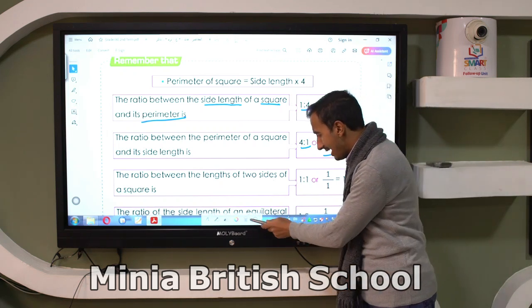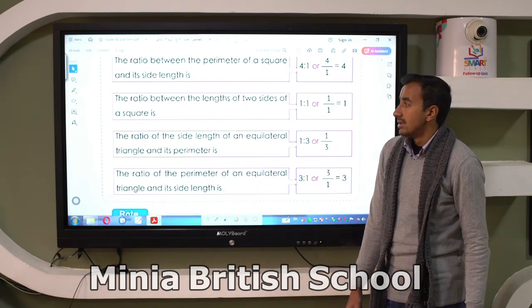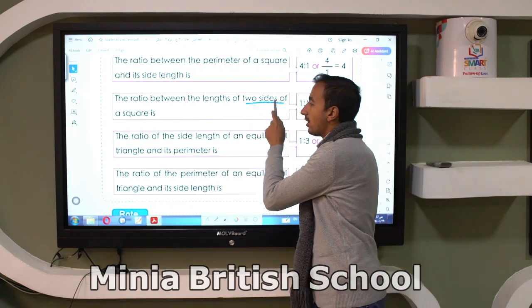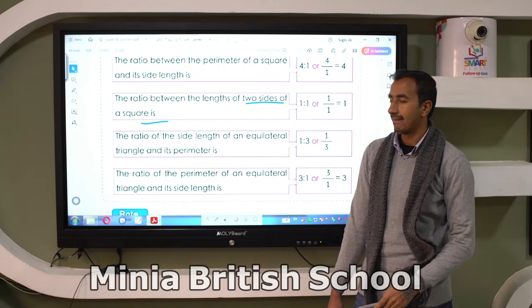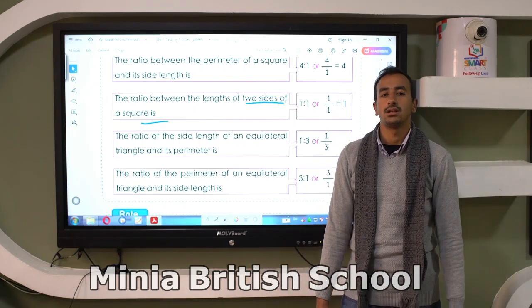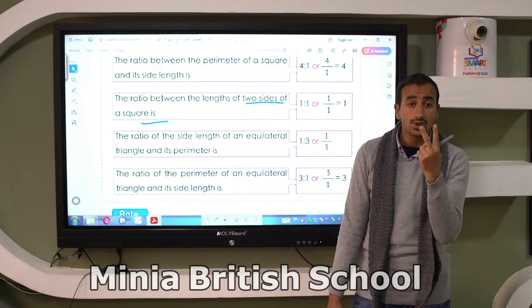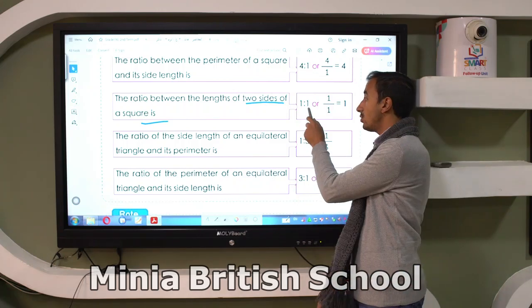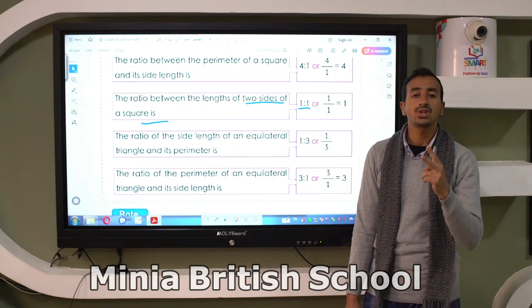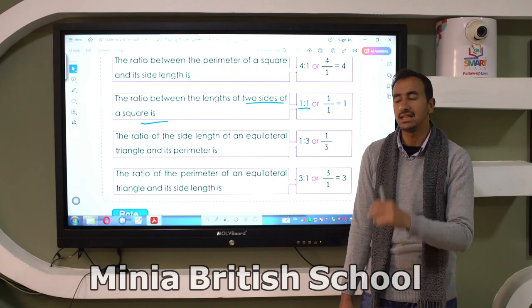And the ratio between the side lengths of two sides of a square: these two sides are equal in length, so the ratio is 1 to 1, because these two sides are congruent, exactly equal.